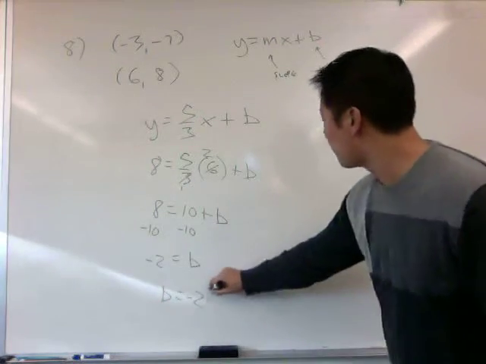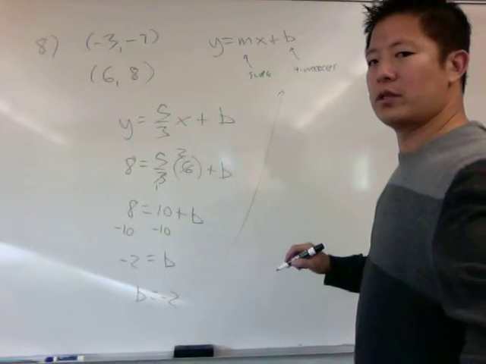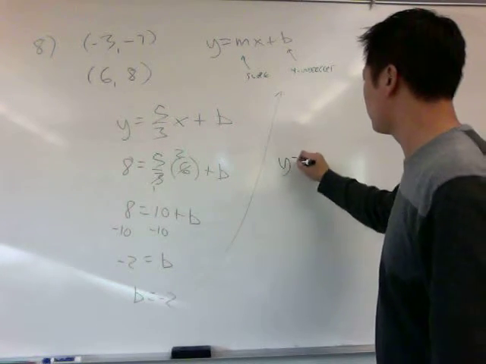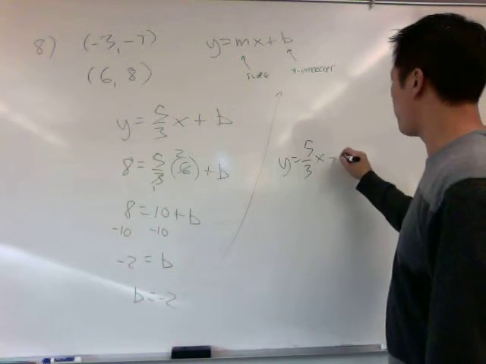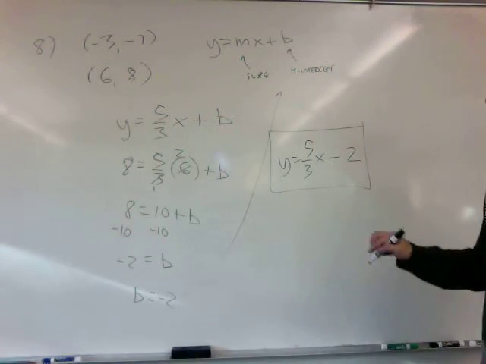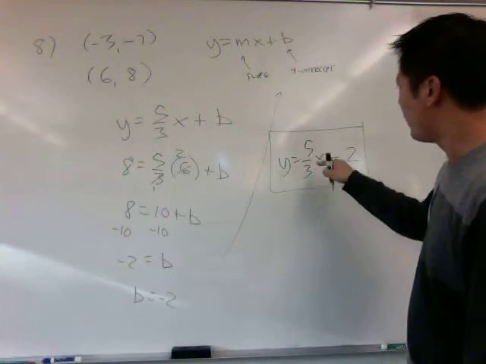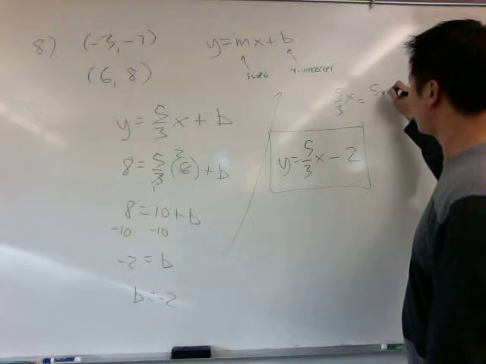So that leads us back up to here. I'll adjust this here so that y equals 5/3 x minus 2. I just want to make a point that 5/3 x is the same as 5x over 3.